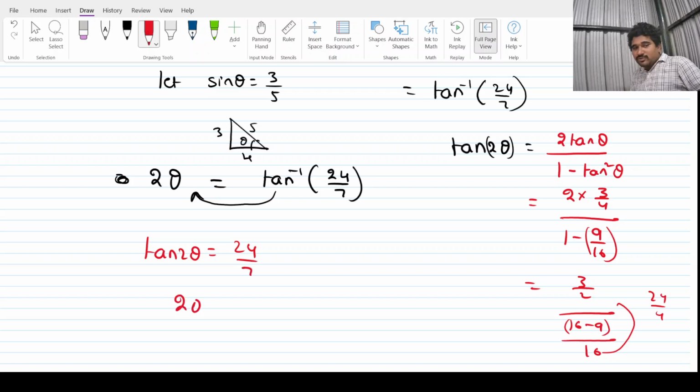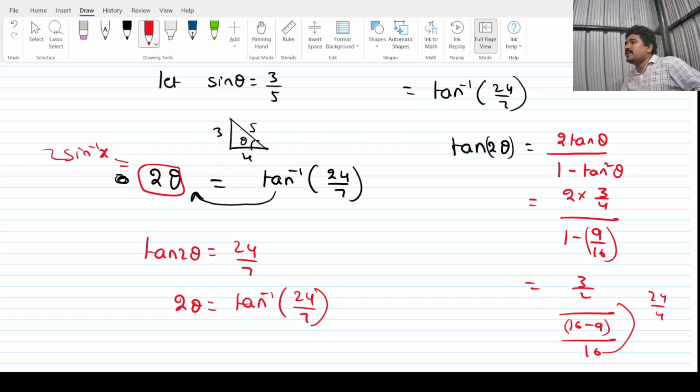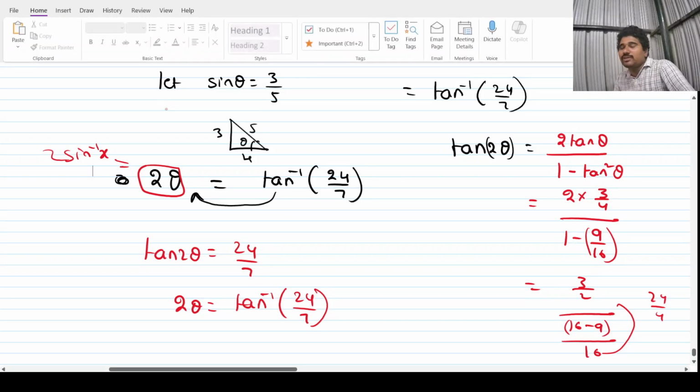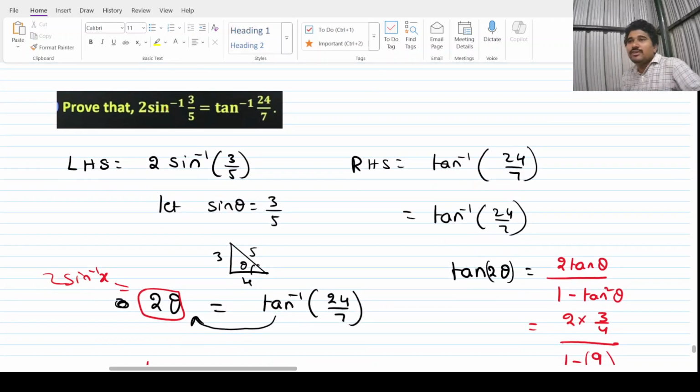So from here 2 theta is tan inverse of 24 by 7. But 2 theta is your 2 sine inverse x. So that's why LHS equals RHS. Again I am repeating one more time, observe, listen here. First I have considered this 2 sine inverse 3 by 5.